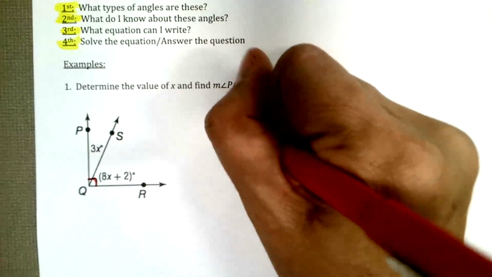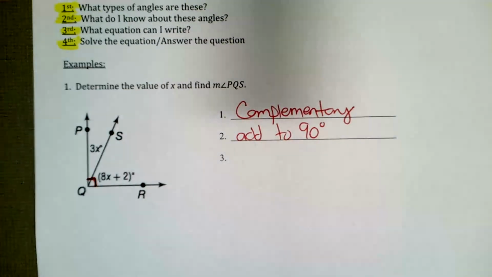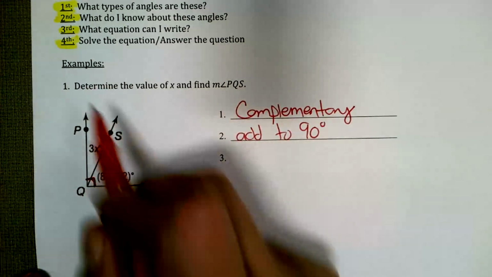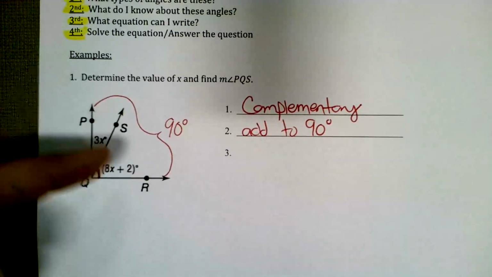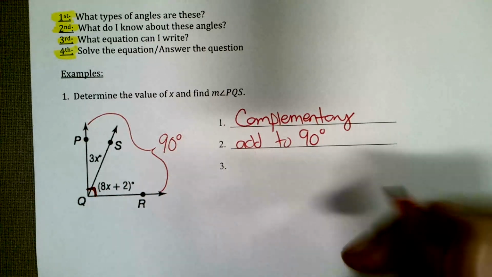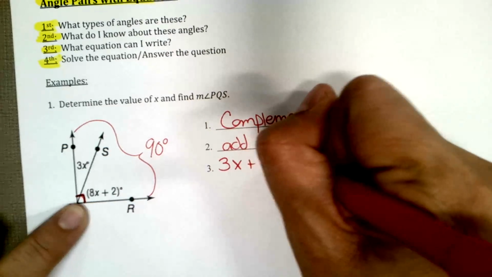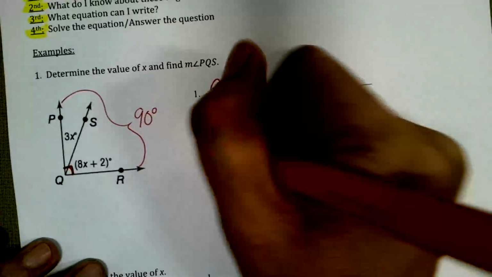We know that they have to add to 90 degrees because this is 90 degrees. Now, you can almost think of this as angle addition too. This plus this has to equal 90. It's just like the angle addition that we were doing. So 3x plus 8x plus 2 equals 90. And then we can solve.